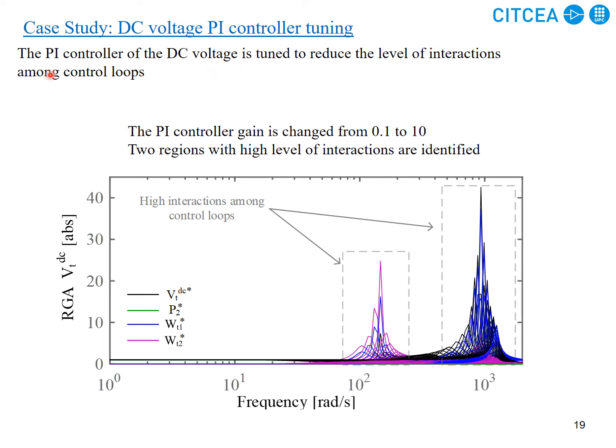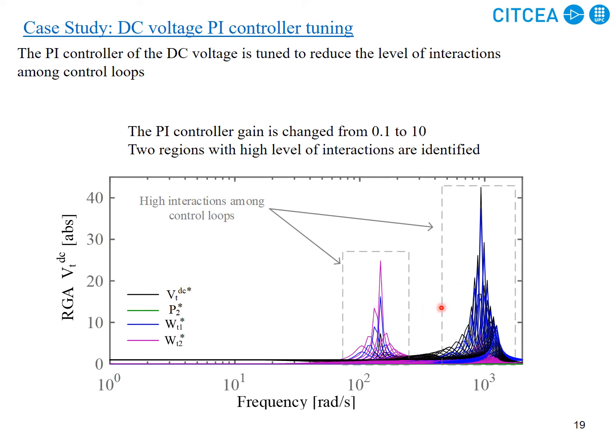For example, for the PI controller of DC voltage, we are doing a sweep from 0.1 to 10. I mean both proportional and integral gains are multiplied by 0.1 to 10. And as we go through these two values and we plot all the RGA values, which show the level of interactions from these 4 control references and 2 only DC voltage, we can see there are 2 specific regions with elevated interactions.